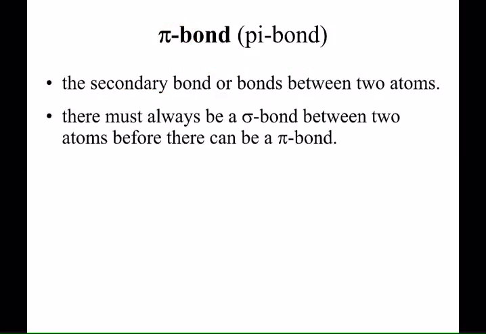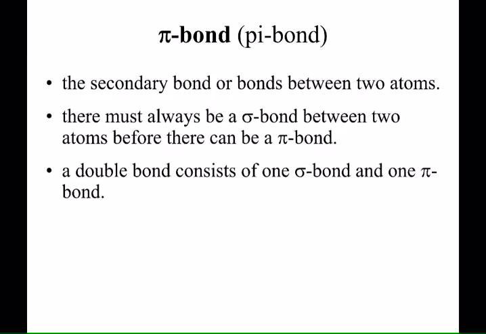I like to say that the sigma bond is like your meat and potatoes, and the pi bond is like your dessert. You have to have your meat and potatoes, you don't have to have your dessert. The pi bond comes into account when we have double and triple bonds. You can only have one sigma bond connecting two atoms, so if you have a double bond, the second bond must be a pi bond.